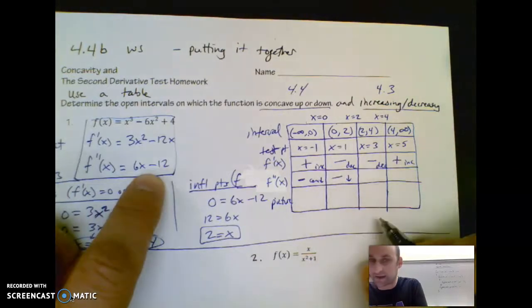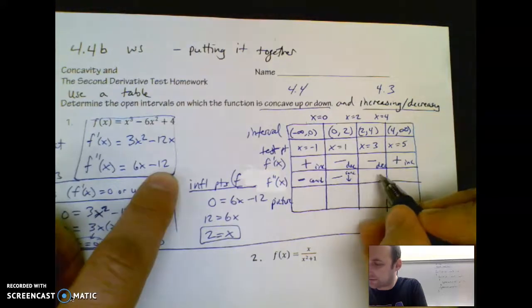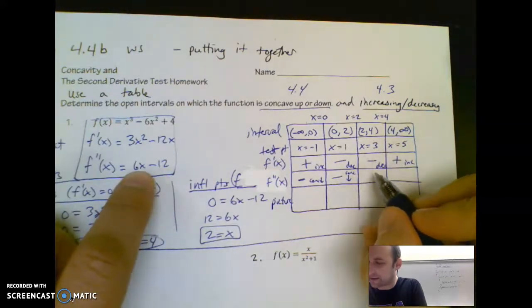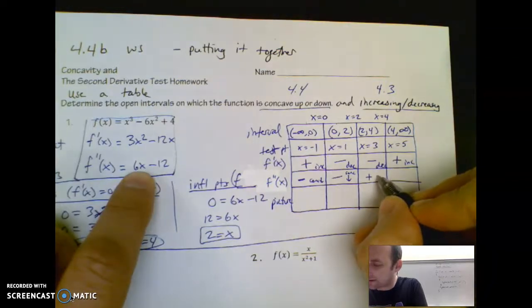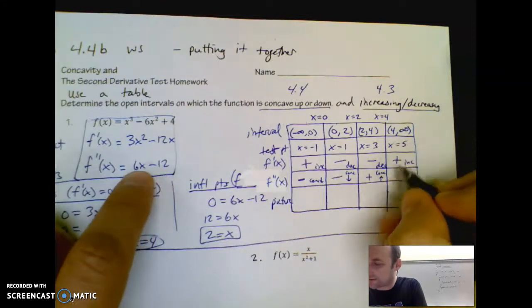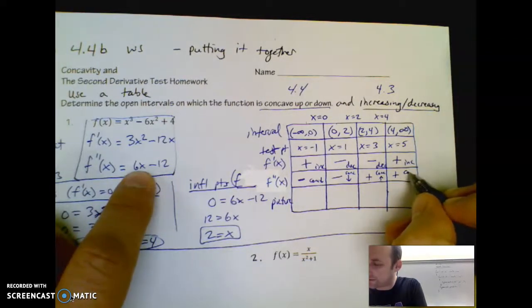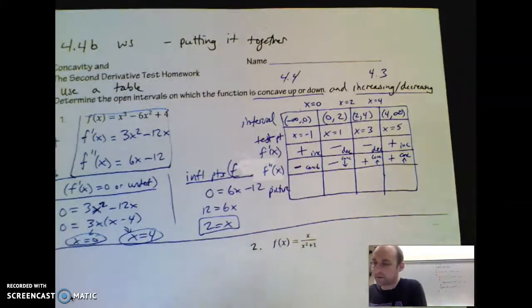So we got concave down. If we plug a 3 in, I get 18 minus 6. That's +6. And that's concave up. And my last one, if I put a 5 in there, I get a positive for sure. Okay. So, what does this mean?